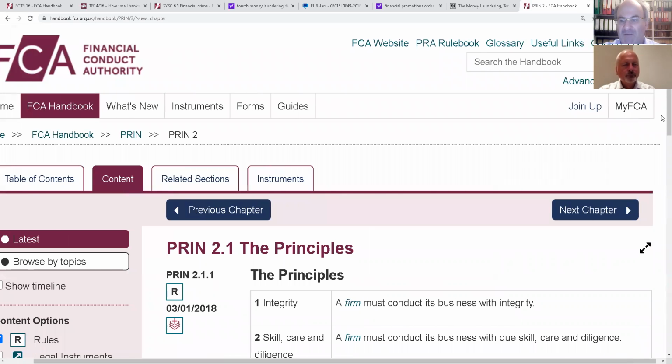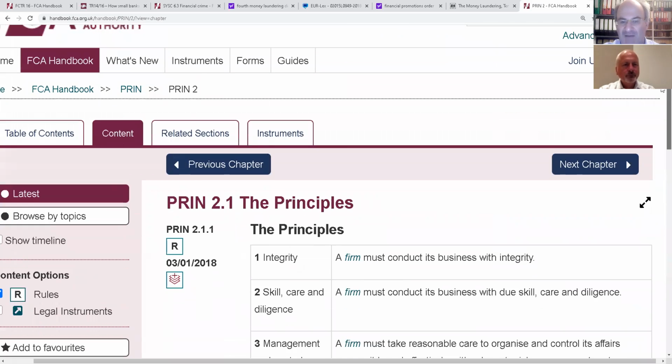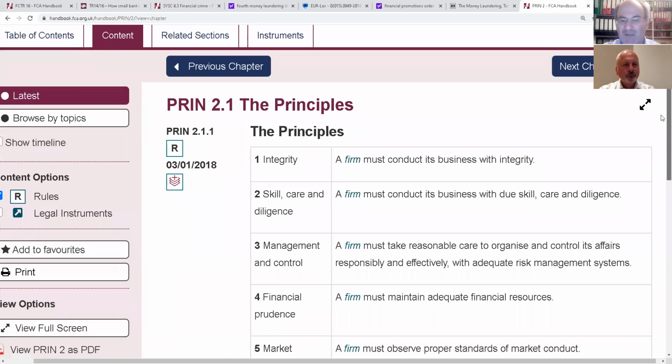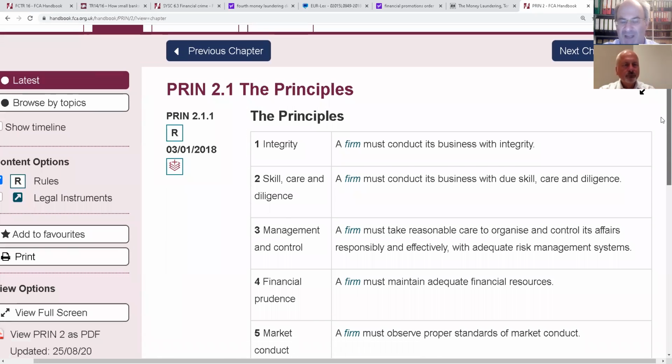If we now begin our look at the principles, it begins with integrity, which is about dishonesty or recklessness. The more important provision in a way is due skill, care and diligence, because the regulator can catch firms for acting badly or carelessly without necessarily finding a particular rule breach, by just pinning it on principle 2.